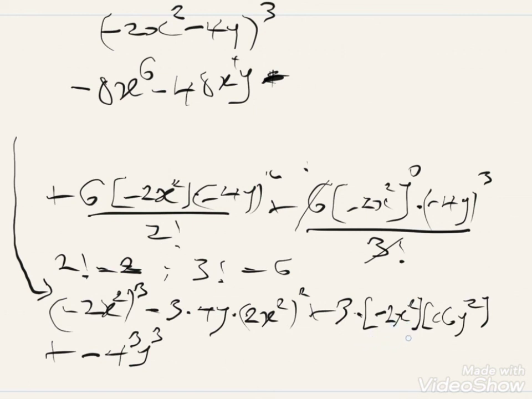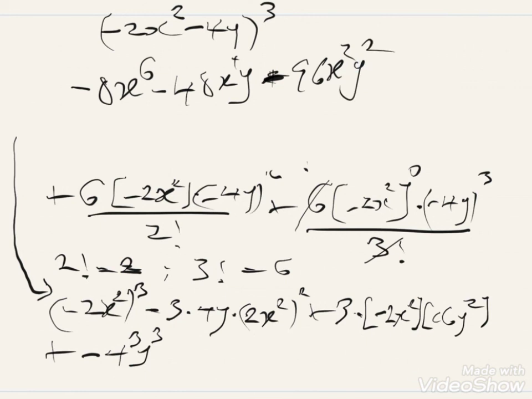Then minus 6x² times 16. Sorry, 3 times minus 2 is minus 6. Minus 6 times 16 is minus 96. So I will have minus 96x²y².